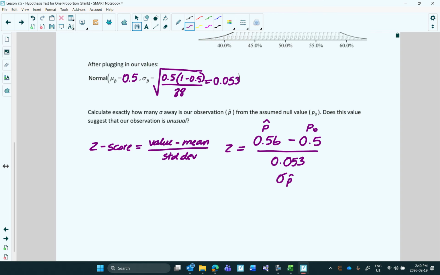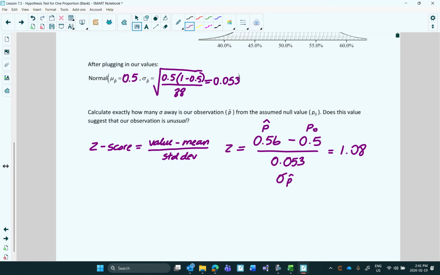It's the same formula. And when we do that, we get 1.08. What does that mean? That means that the value we got, 56%, is only 1.08 standard deviations above what we expect it to be under the null hypothesis, which is not a lot, is it?